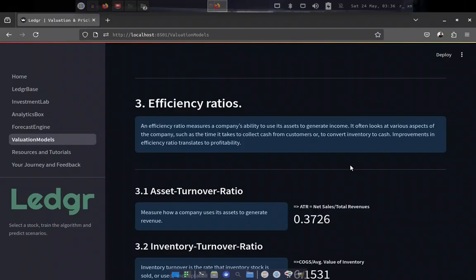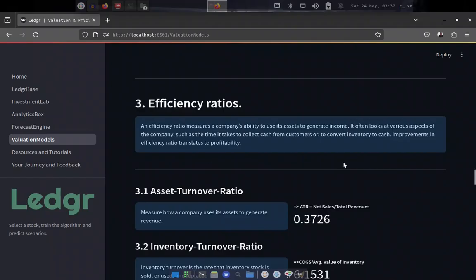How much assets are we employing as a firm to generate income? This looks into various aspects of the company, from the time it takes to collect cash from the customers or to convert inventory into cash, and any improvement in these ratios generally translates to profitability.